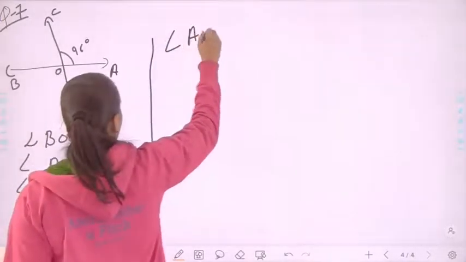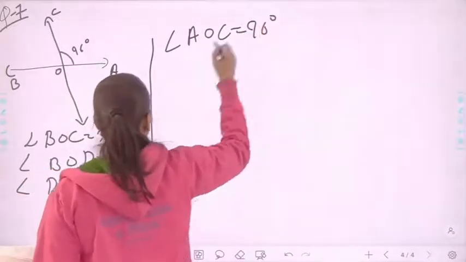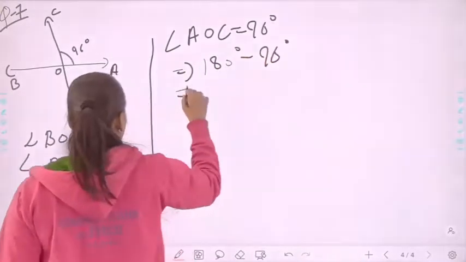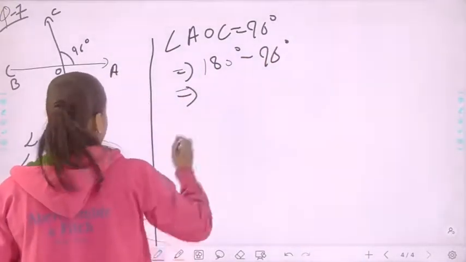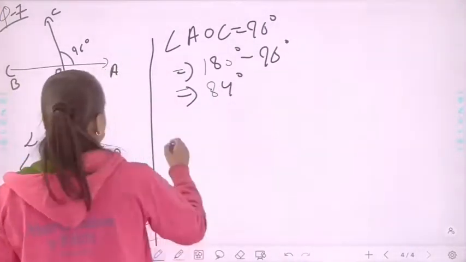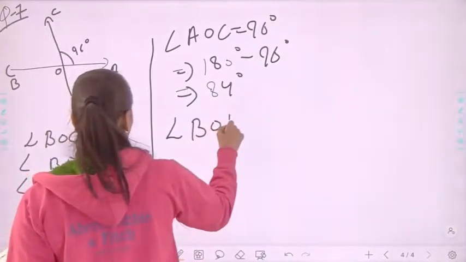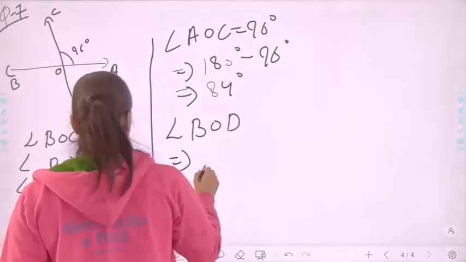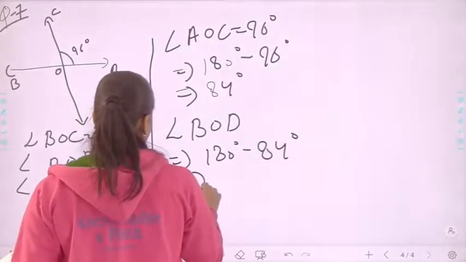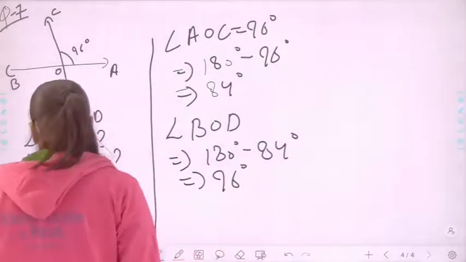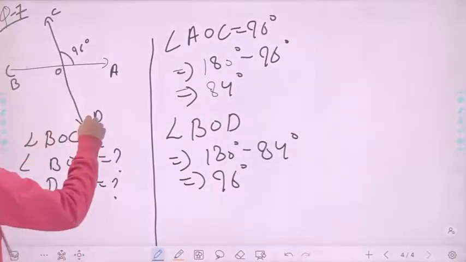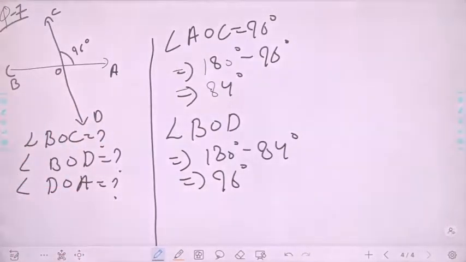Angle AOC, that is 96 is given. 180 degree minus 96 degree, it will be 84 degree. Right students? Now angle BOD, that is 180 degree minus 84 degree, it will be 96 degree. Now next angle we have BOD is equal to BOC.